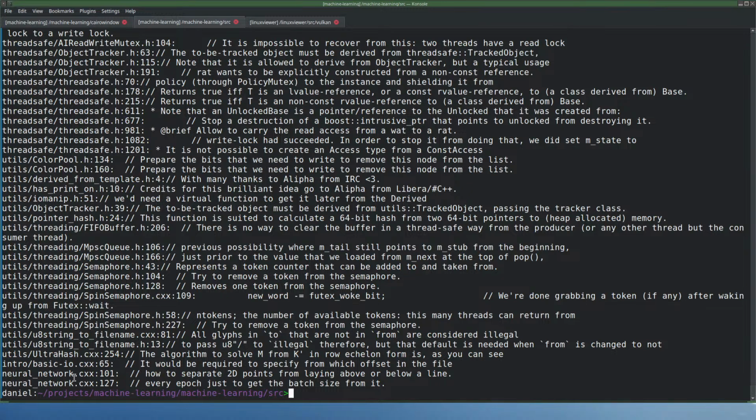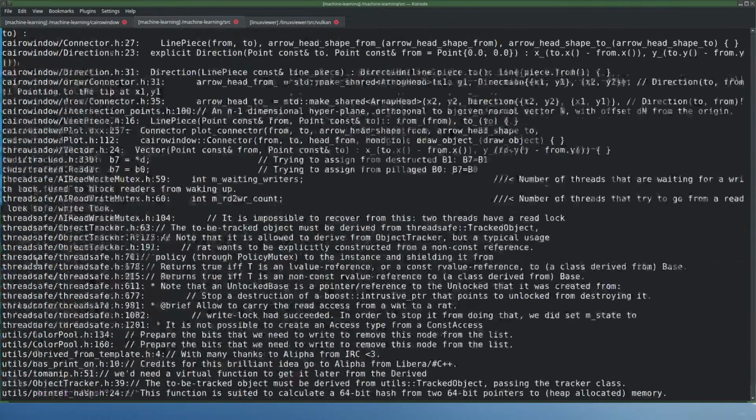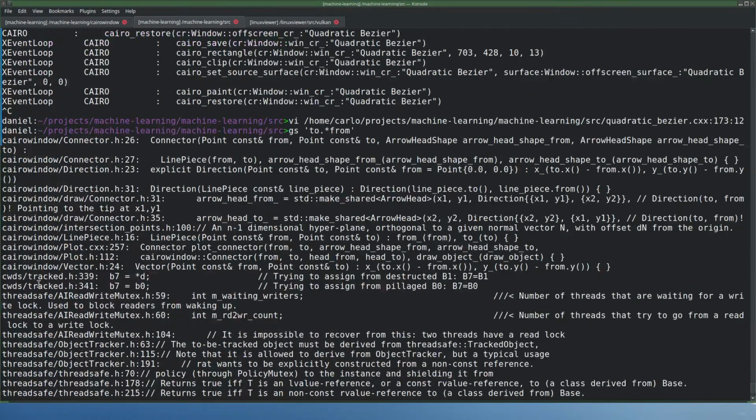What? It is from 2, but then another from behind it.